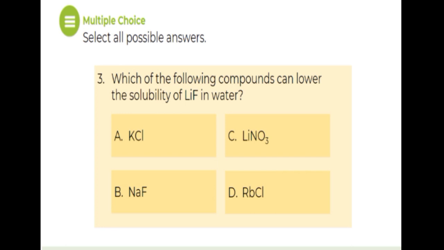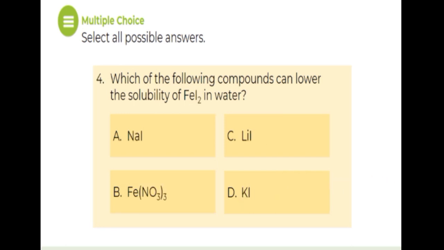A, B, C, or D? Number 4. Which of the following compounds can lower the solubility of FeI2 in water? A, B, C, or D?